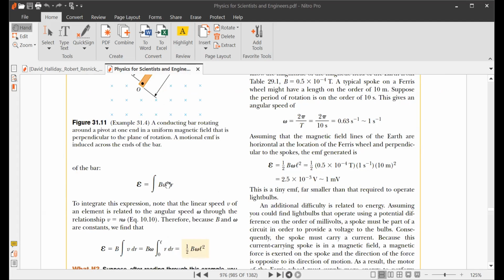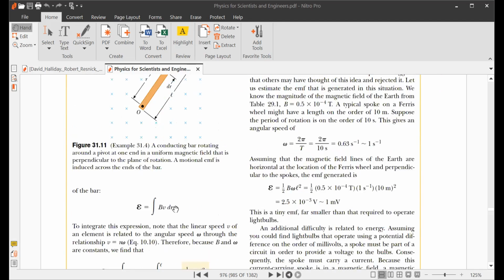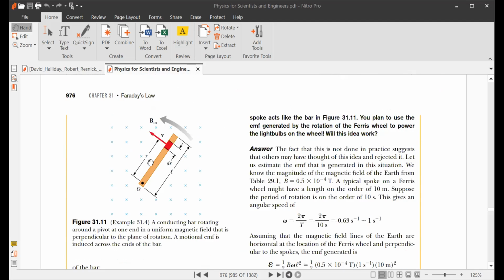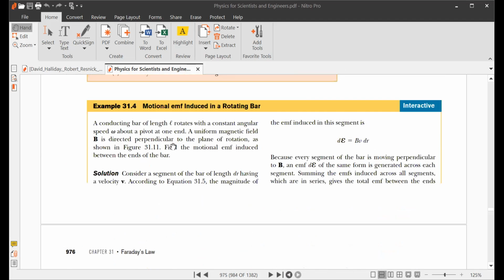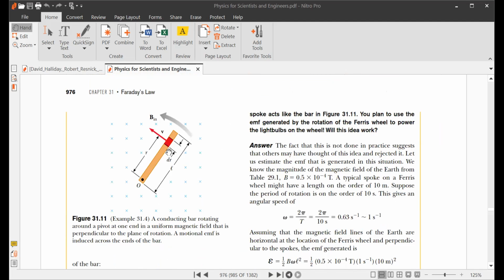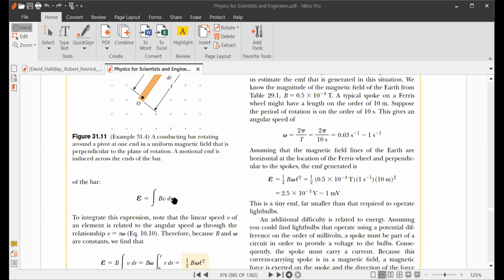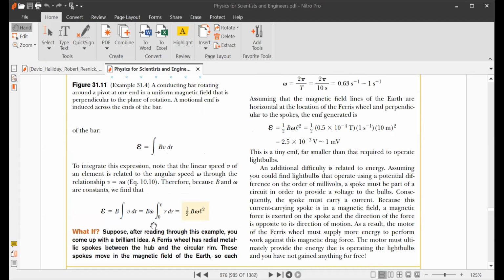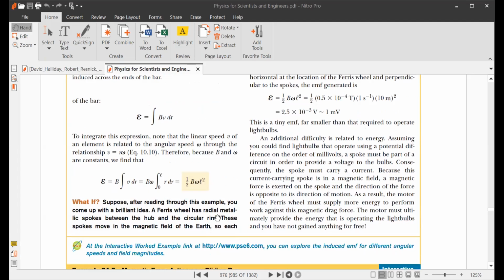Didapat bahwa dE itu adalah B v kali dr, di mana dr di sini adalah infinitesimal dari batang ini. Jadi didapat v di sini adalah omega kali r. Sehingga kalau saya integrasikan dari 0 sampai L, didapat setengah B omega L kuadrat.